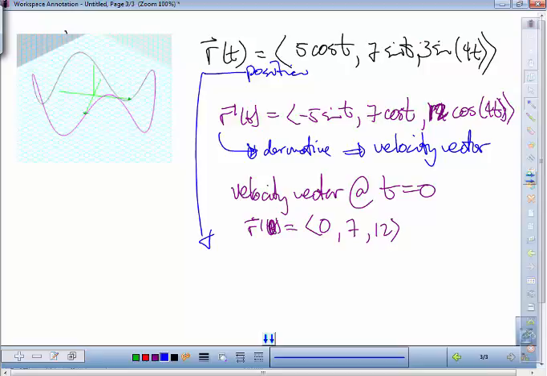If we take a look at r of 0, let's put 0 in for t in the r function. We have cosine of 0, which is 1, sine of 0, which is 0, and sine of 0, 0 again. So at 5, 0, 0, you're currently at that point.